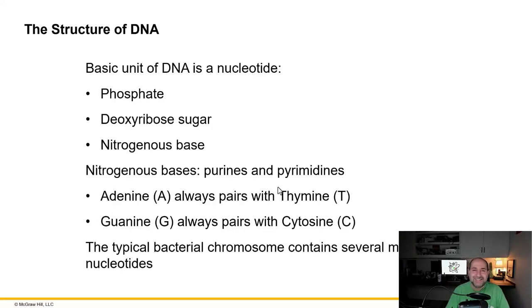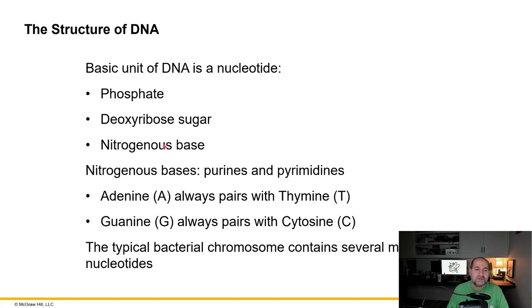Remember that DNA is made up of building blocks. These are monomers called nucleotides. DNA and RNA are made up of building blocks called nucleotides. Every nucleotide has three main components: a phosphate group, a deoxyribose sugar, and a nitrogenous base.